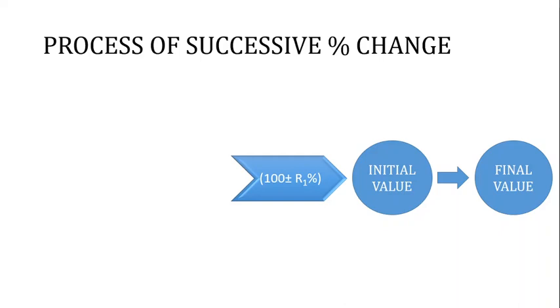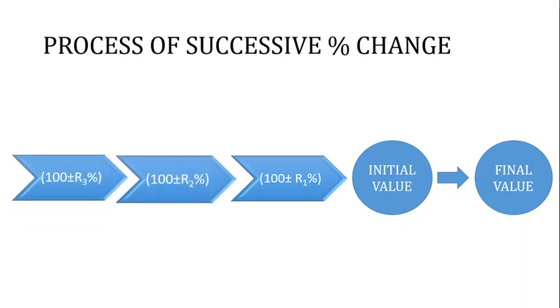This is for a single-stage percentage change. Now, when a value is going through multiple percentage changes, say for example, R1% followed by R2% followed by R3%, then simply the product of each of the percentages with the initial value will give you the final value. So 100% plus R1 times 100% plus R2 times 100% plus R3 times the initial value will give the final value.